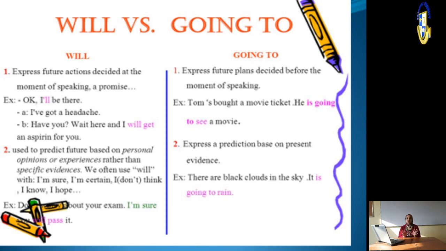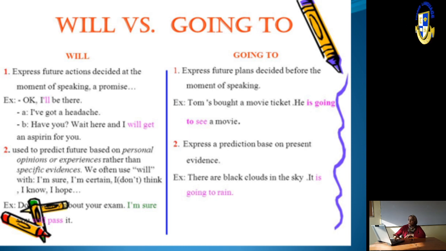Okay, so you are going to say, I suggest, or I think, or I believe that you will pass the exam. Also, if you don't see anything in the sky and it's a clear sky, so you can't see any clouds or something like this, so maybe you tell me, I think it will rain today. So you don't have any evidence. So I'll ask you, why do you think this? You said, just an opinion, just a feeling.